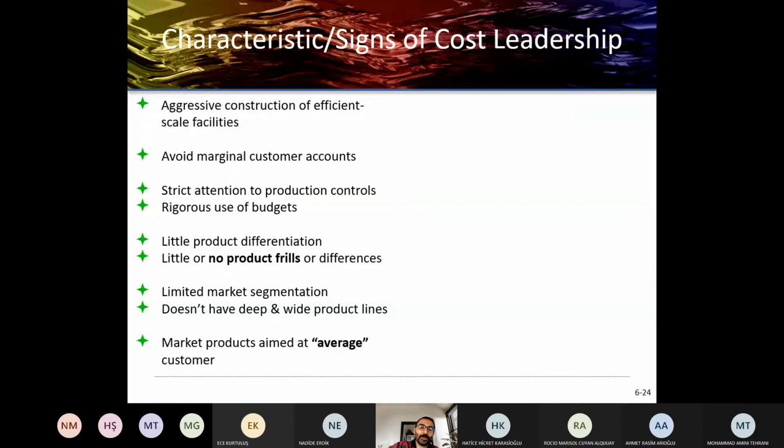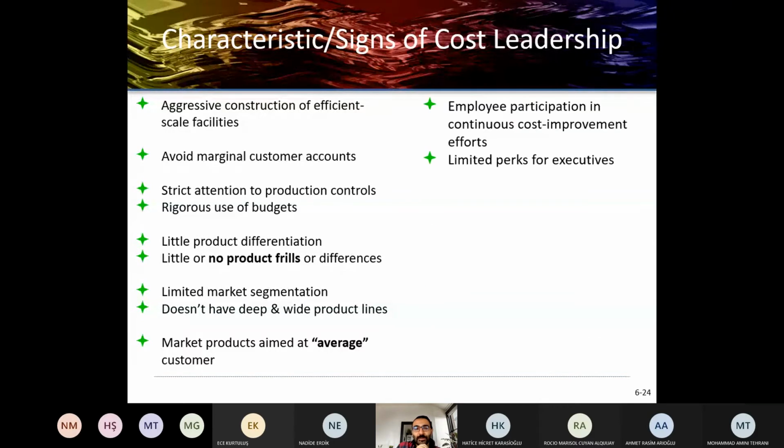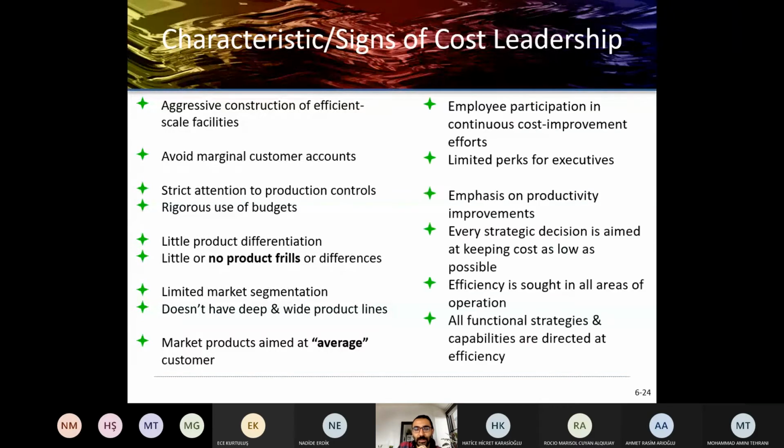But when I ask you who will buy a Rolex watch, it's a specific customer group, not average customers: luxury, rich people have Rolex watches, right? So these are cost leadership's characteristics. What about the others?